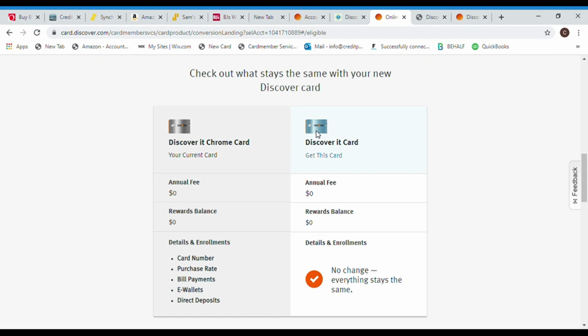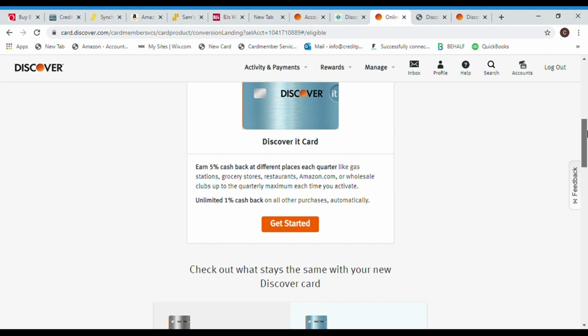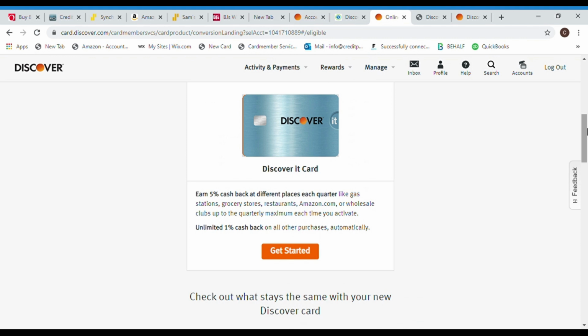I can go beyond that because I have another card in which I could put that spend if I go over that 1500 within a particular quarter. So in a sense, by having two of these Discover It cards, I can get up to $150 worth of cash back each quarter.